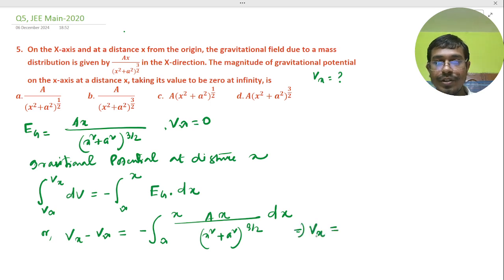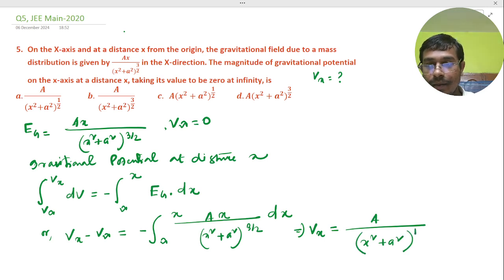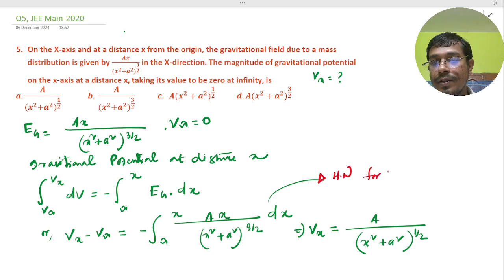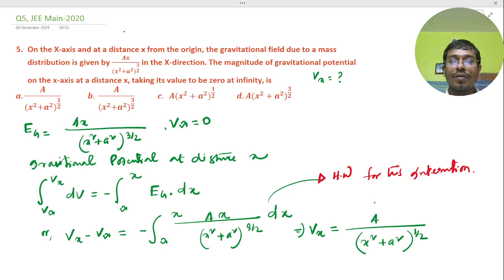the gravitational potential at point x, a by x square plus a square to the power half. Keep in mind one point: I don't integrate here because I leave it as homework for better practice, because in your exam you have to calculate all the values and the integration and derivative and put the upper limit and lower limit.